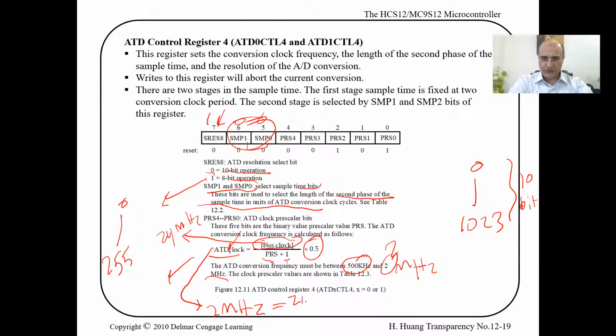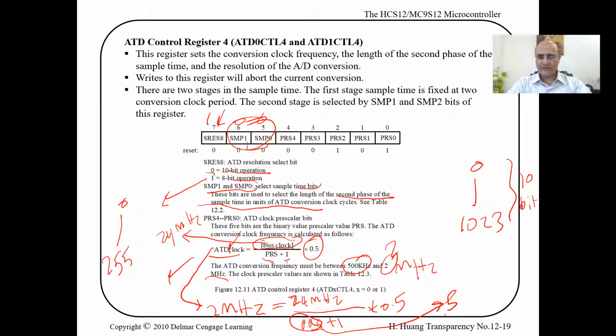So 24 megahertz over prescaler plus 1 times 0.5. What would be the prescaler to make this 2? So 24 times 0.5, this is 12. 12 divided by how much to get the 2? By 6. So 1 plus this would be what? 5.